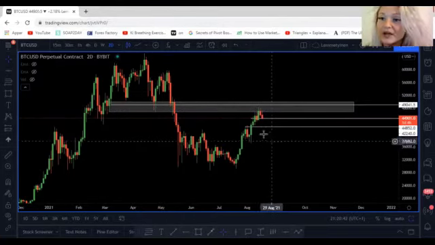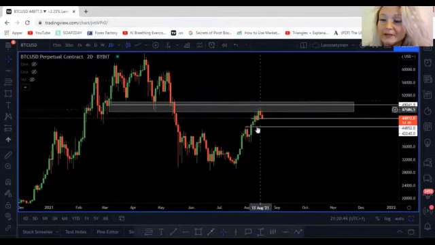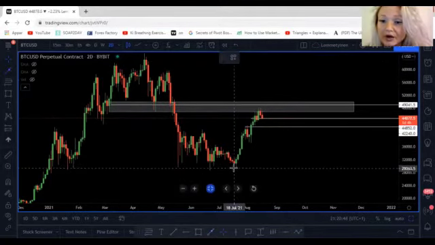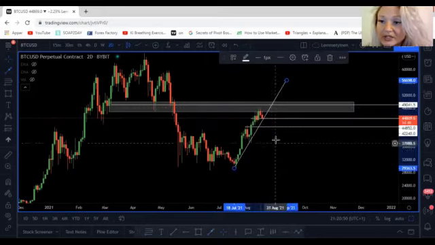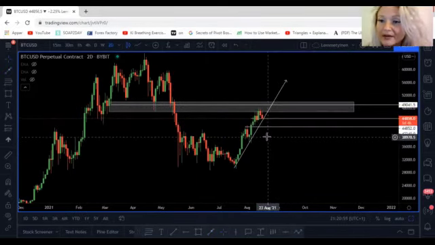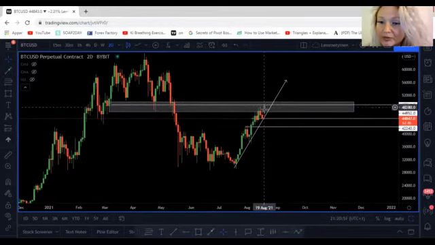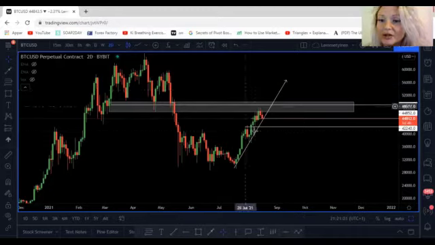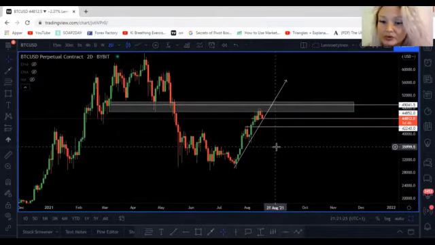So if you had not used the higher time frames and you only see that the market is in an uptrend, we can all see that, but the market has to come back down and then slowly, if it's supposed to go up, it will go up, but it has to retrace back. The market is always moving from zone to zone.